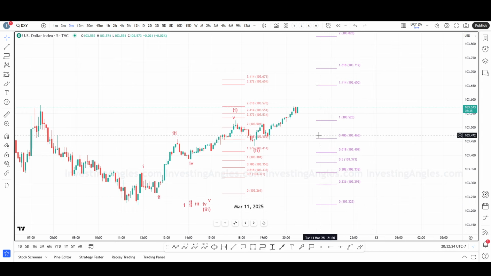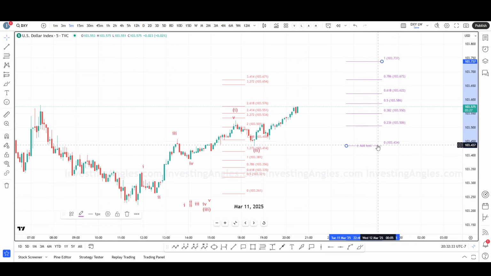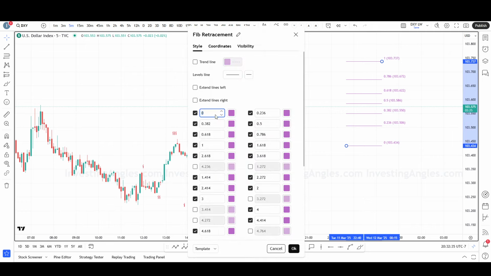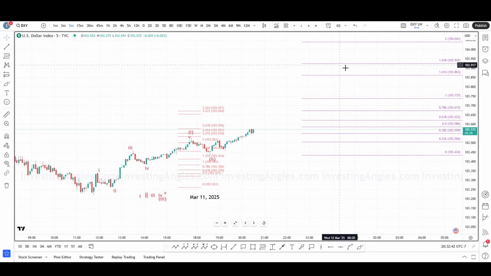So now let's measure it with Fibonacci levels, and this would be somewhere here. Well, that's gonna be an amazing run if it happens this way. I can tell you that's the next level we would be looking for, this one. So this would be for wave 3, approximately here.